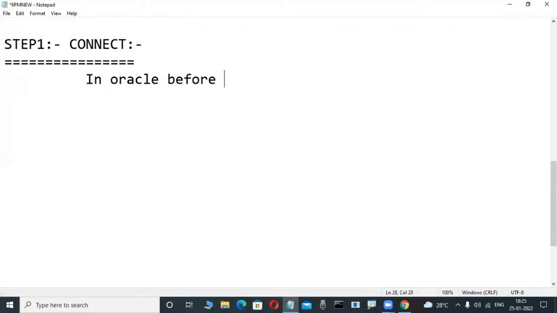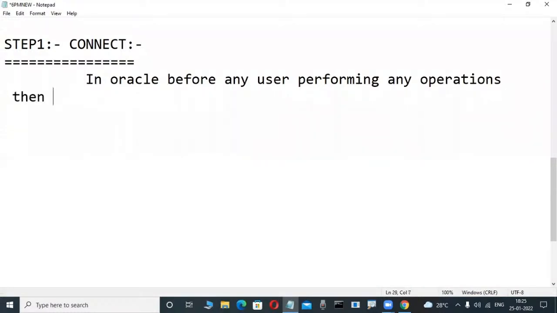In Oracle, before any user performs any operations, that user first connects to the database.